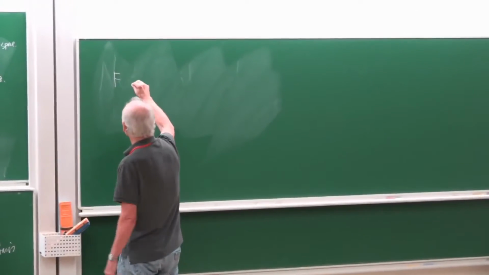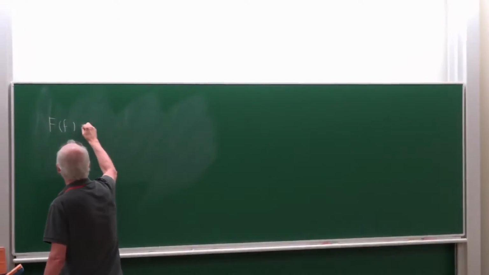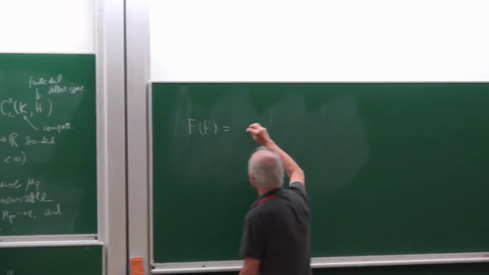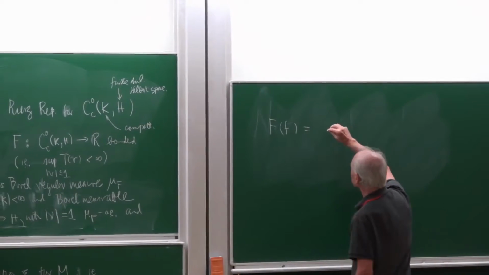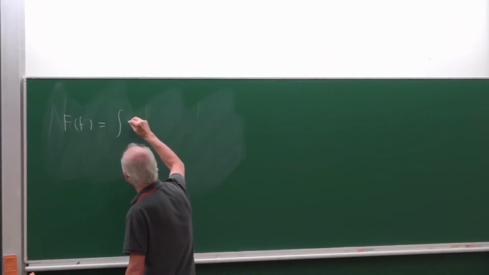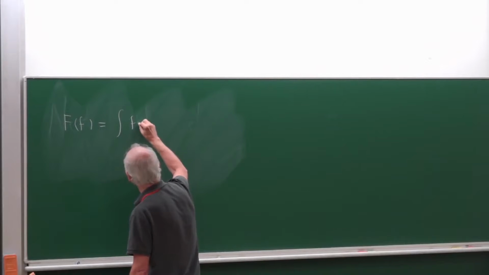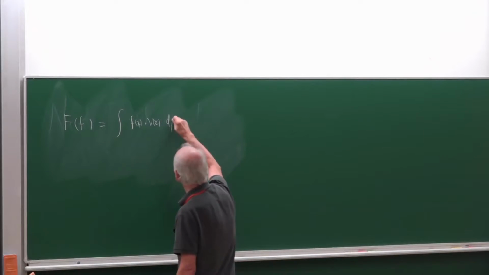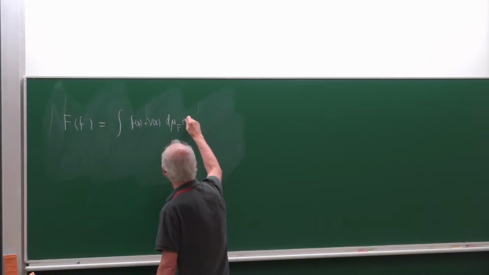So F of f, for any f in the space of continuous functions with compact support mapping into H, can always be represented as the dot product in H. So this is the integral of f(x) dot u(x) d mu f of x.